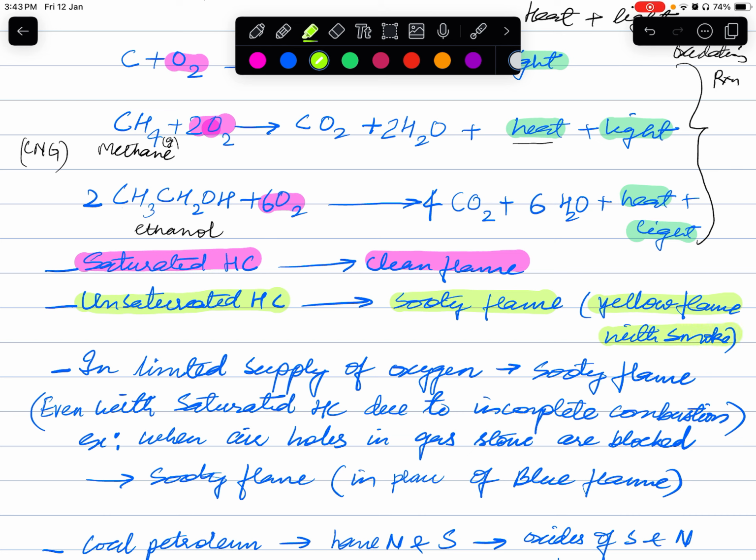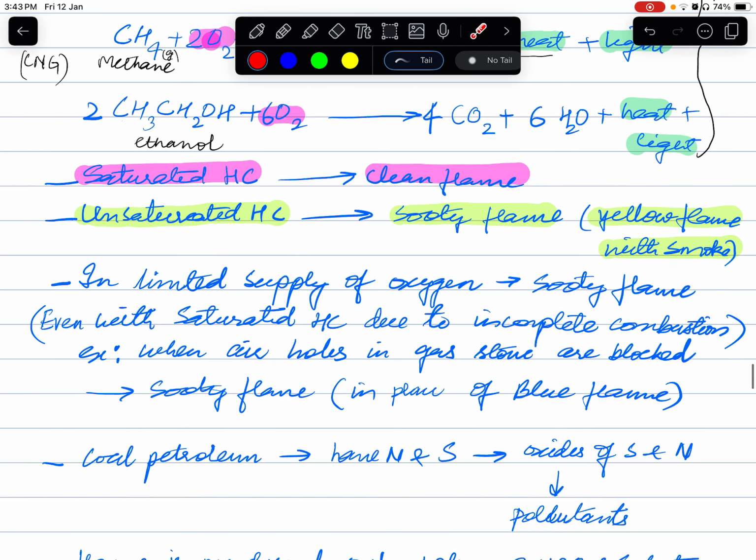Okay, so suppose in your kitchen you are using this unsaturated hydrocarbon, then in that case all the utensils that you will be using for cooking will have lots of smoke. But your sooty flame is not found only in case of unsaturated hydrocarbon.